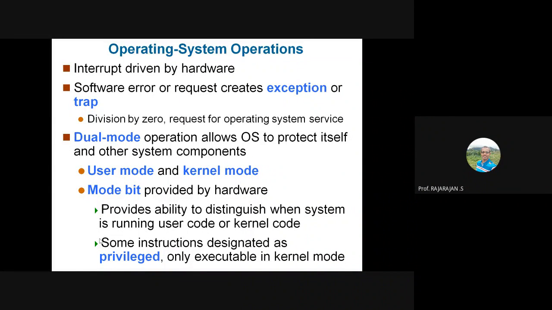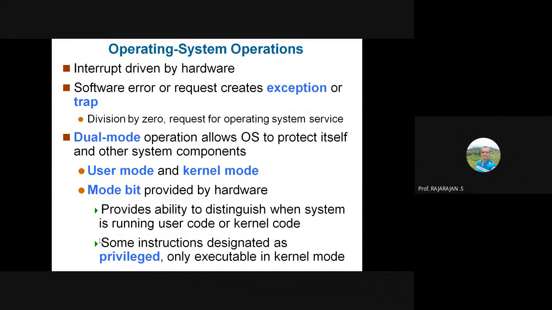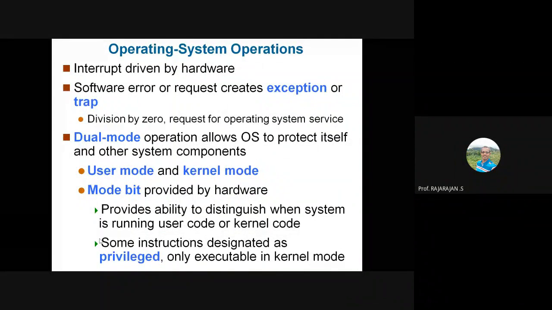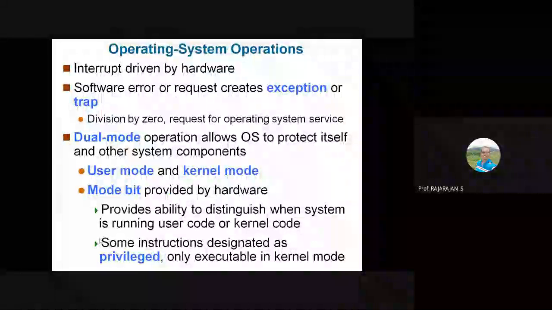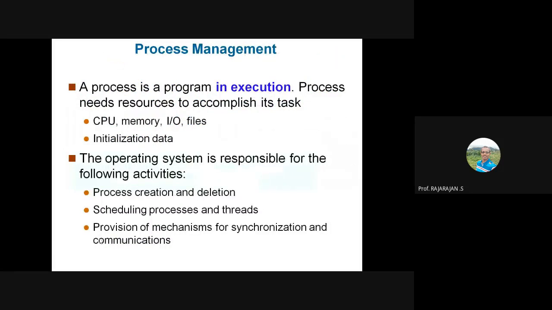Whenever the operating system is present on the CPU, it is in kernel mode, and whenever the user program is running on the CPU, it must be in user mode. This is what I was explaining to you. The execution of a user process takes place in user mode, whereas the execution of the OS happens in kernel mode. The next is process management.